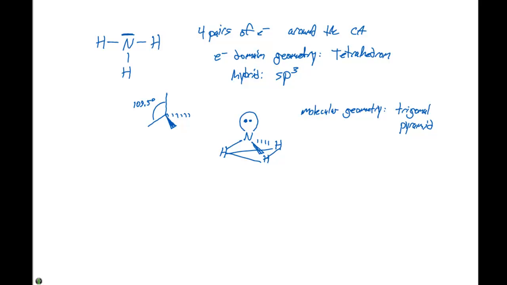We can determine the molecular geometry, the electron domain geometry, the hybridization, all of the bond angles, and whether or not a molecule is polar or nonpolar. And in the next several videos, we'll go through many examples of these different shapes of molecules.